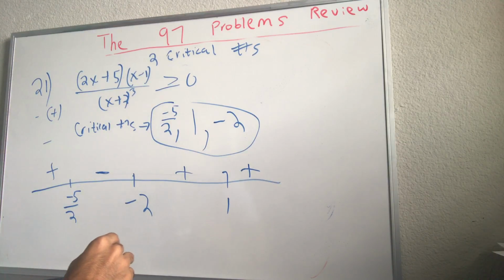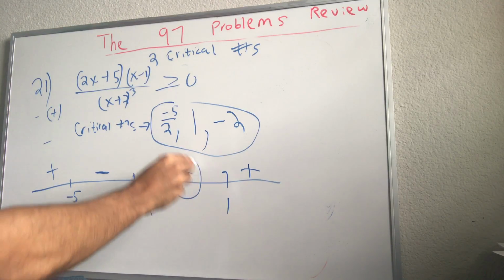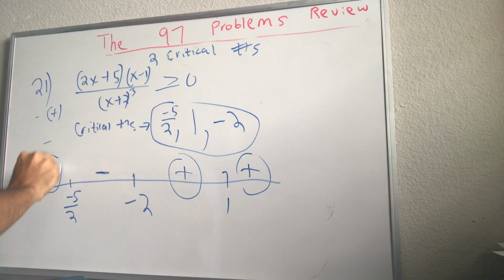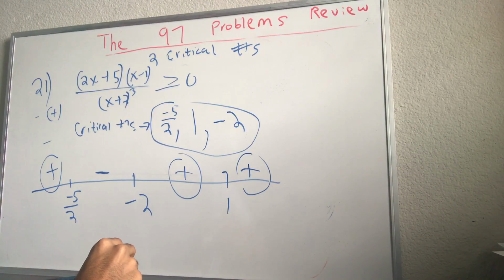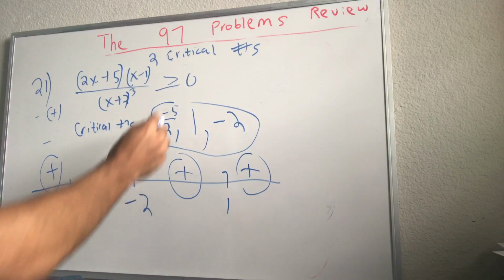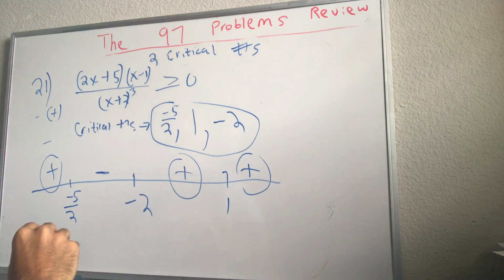So now you're looking for a solution set such that your overall value for x is greater than or equal to 0. And so we're talking about greater than or equal to 0, therefore we're looking at the positive values. And so when we talk about our solution set over here, obviously you're looking at whether it's equal to 0 or not.